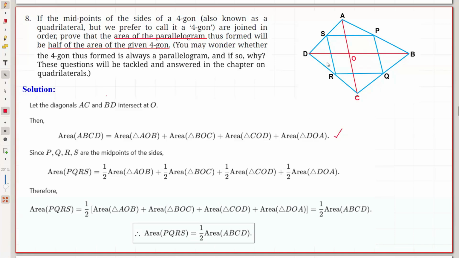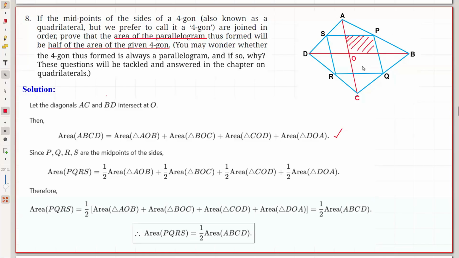Since PQRS are the midpoints, they have given the midpoints of the four sides of the quadrilateral. So we can just say, take the area of the parallelogram PQRS. As PQRS are the midpoints, in the parallelogram this portion can be written as half of the triangle AOB.